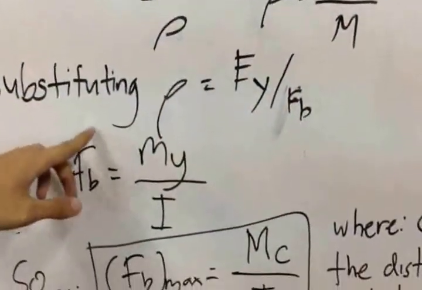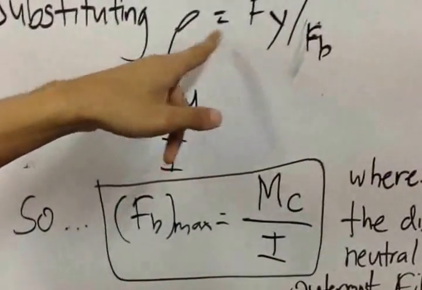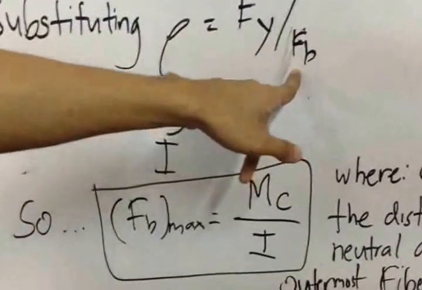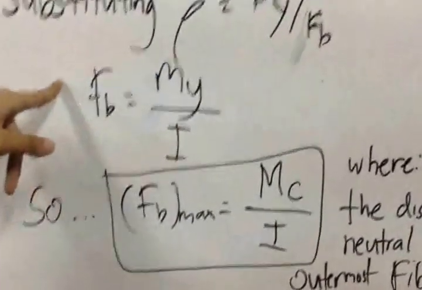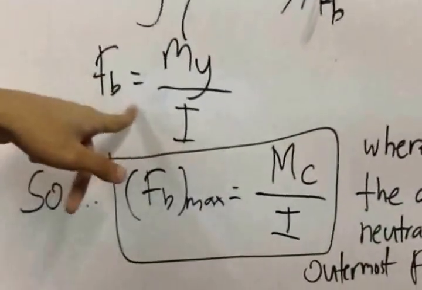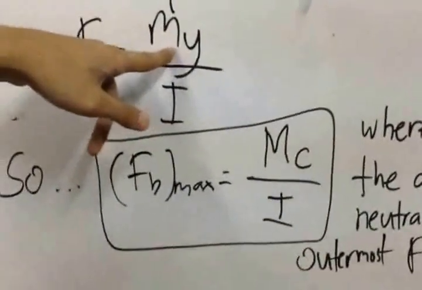And substituting the value of the radius of curvature of the beam equivalent to EY over FB, or the flexural stress in MPa, we get this relationship: flexural stress in MPa equivalent to bending moment times the distance of a fiber from the neutral axis over the centroidal moment of inertia.